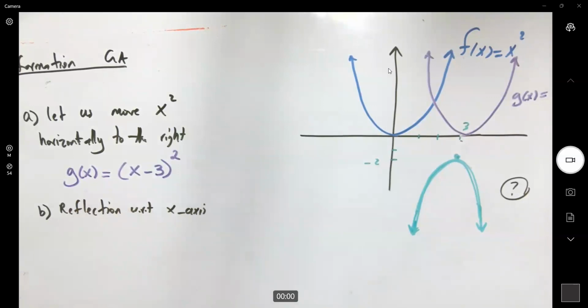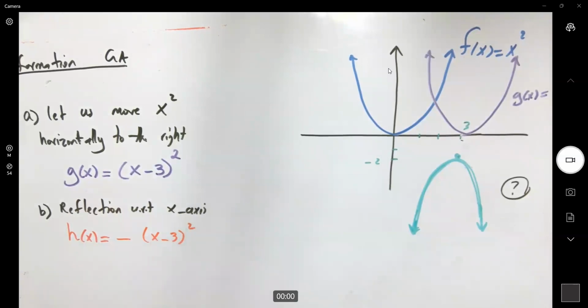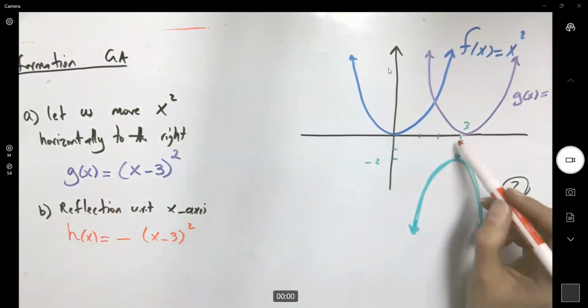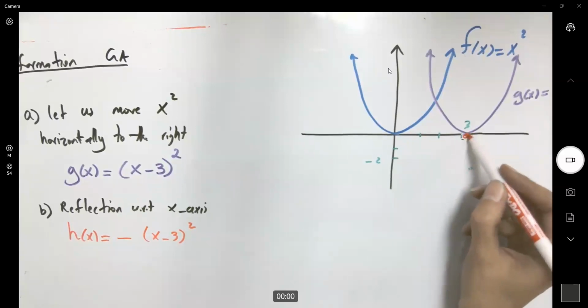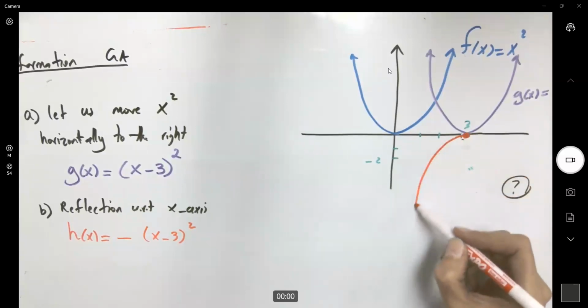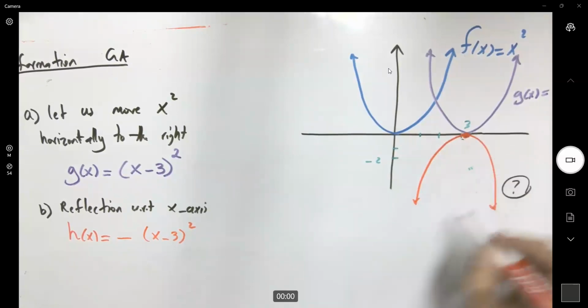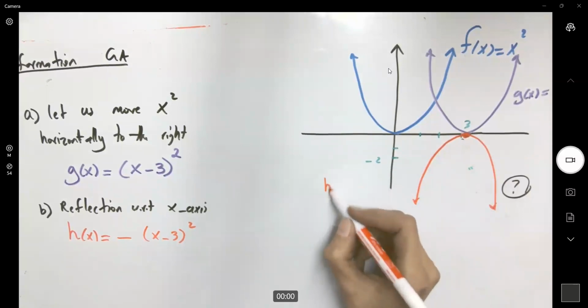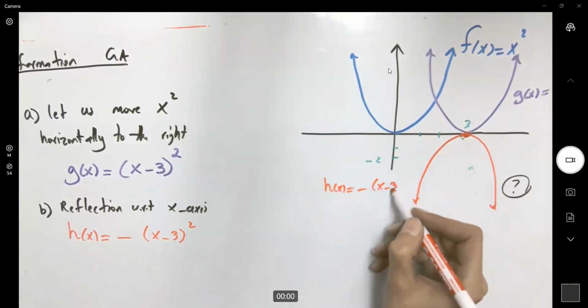I get h of x equals minus x minus 3 squared. This guy gives me this graph here. It's 3 here. This is h of x equals negative x minus 3 squared.